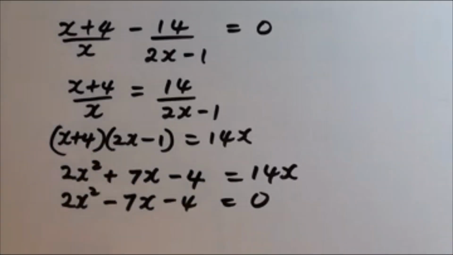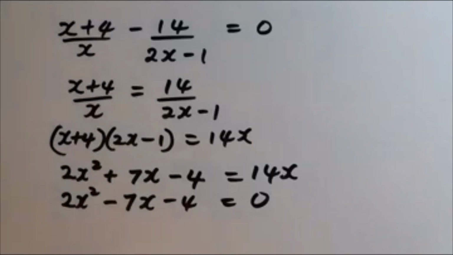Now this is a quadratic equation, and we can solve it by finding the product AC. AC is equal to negative 8, and so we need to find two numbers that when multiplied will give us negative 8, and when added will give us negative 7.